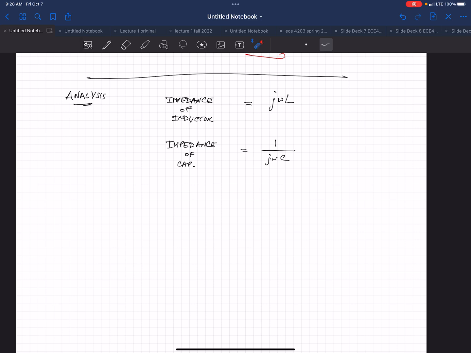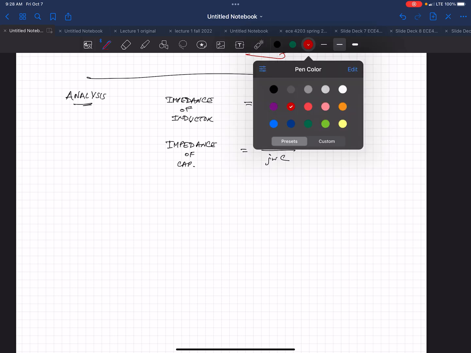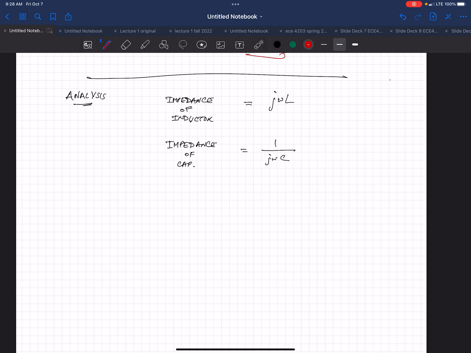Okay, so let's look at the inductor first. J omega in phasor notation is the same as d by dt.